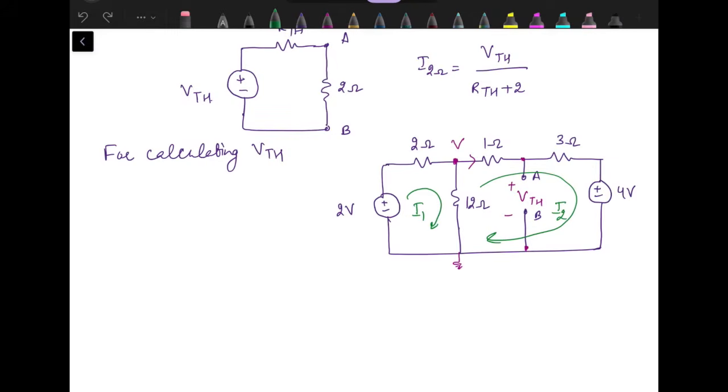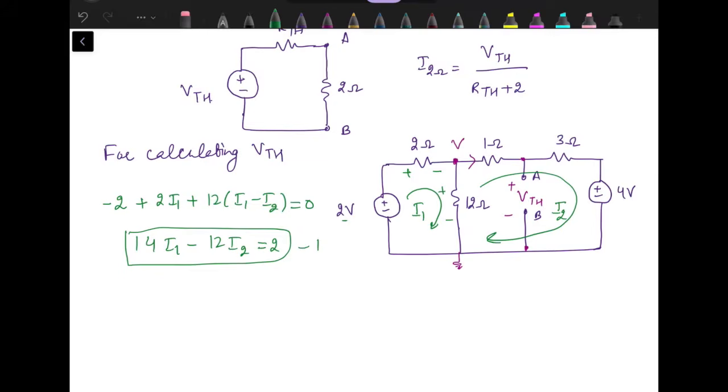So when we apply KVL to the first mesh, starting with this 2 volt source, minus 2, then the drop across the 2 ohm resistance plus 2I1, the drop across this 12 ohm resistance plus 12 into I1 minus I2, equal to 0. This will give us the first equation: 14I1 minus 12I2 equal to 2. Now let's move on to mesh 2.